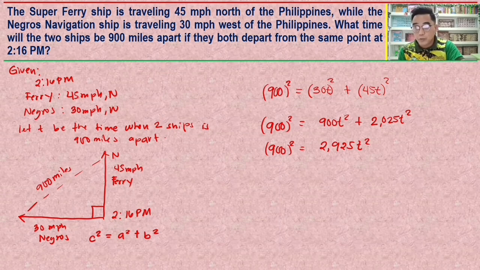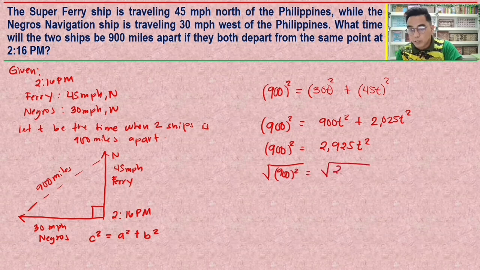Since we are asked to solve for t, we're going to take the square root of both sides. So we have the square root of 900 squared equals the square root of 2925t squared. So cancel, so we have now 900. Here t, cancel the square of t.